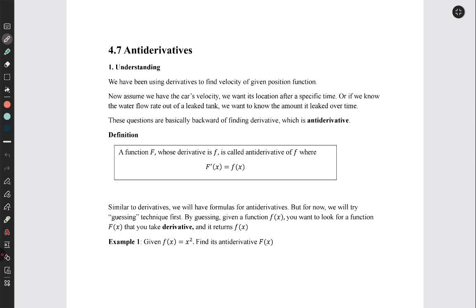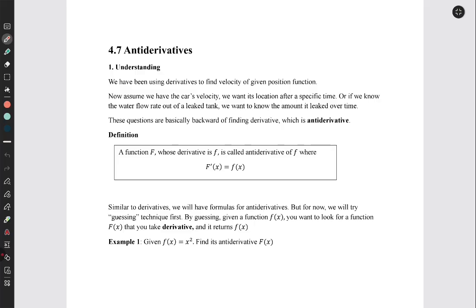We have been using the derivative to find velocity, given a position, right? We throw a ball up, after how many seconds, I ask you for the velocity. Given a function of position, after 5 seconds, what is the velocity? What is the maximum velocity? What is the minimum velocity? And so on.